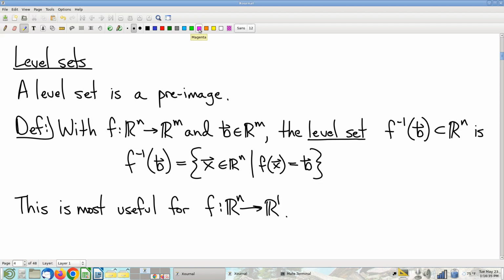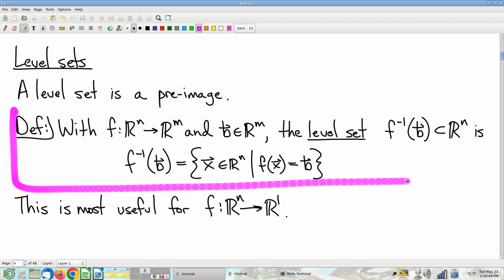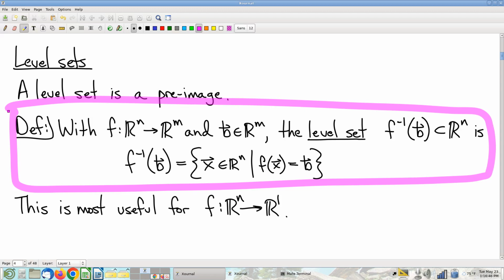But the simple idea is that a level set is a pre-image. We've already talked about pre-images. I'm going to write that out a little bit more fully here. There's our definition. So given a multivariable function, a level set is this set here.